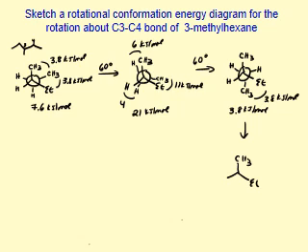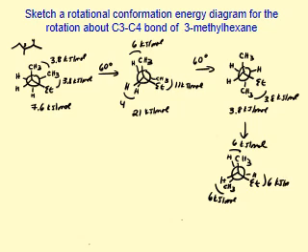Rotate again to another eclipse, not staggered, sorry. And so this methyl is 6 kilojoules per mole. This one is also, and so is this one. And so that gives us a grand total of 18 kilojoules per mole.